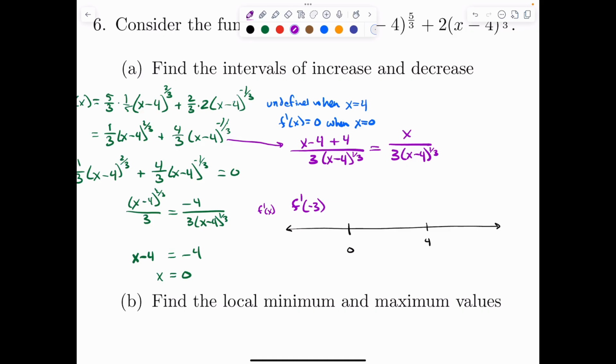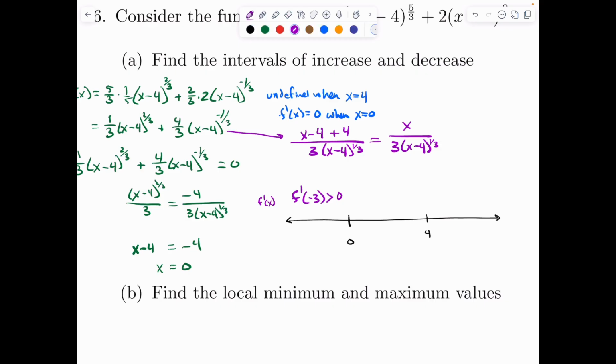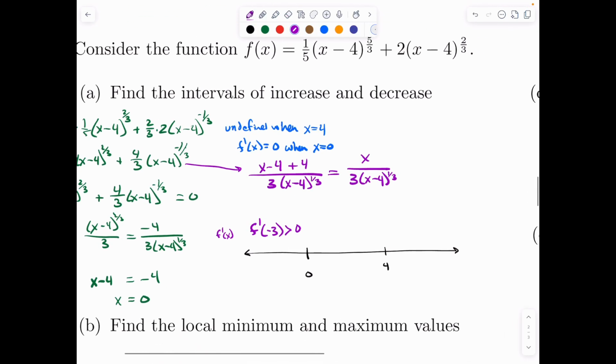You can pick any negative number you'd like, it really doesn't matter what the value is, but if you do this, you can do this in your head. I'll talk you through it. Negative 3 on top of this fraction, 3 times the cube root of negative 7 on the bottom of the fraction, and that is going to be a negative number over a negative number, which is going to be positive.